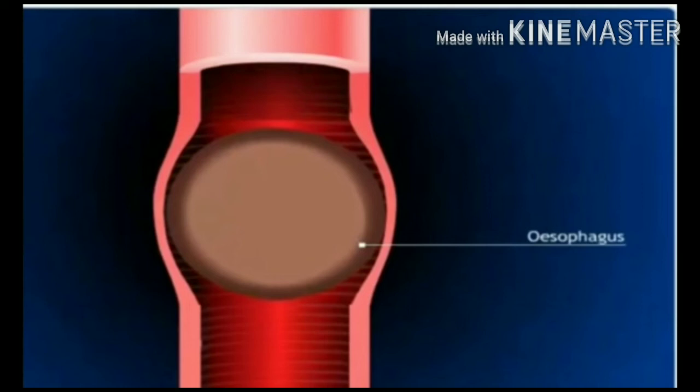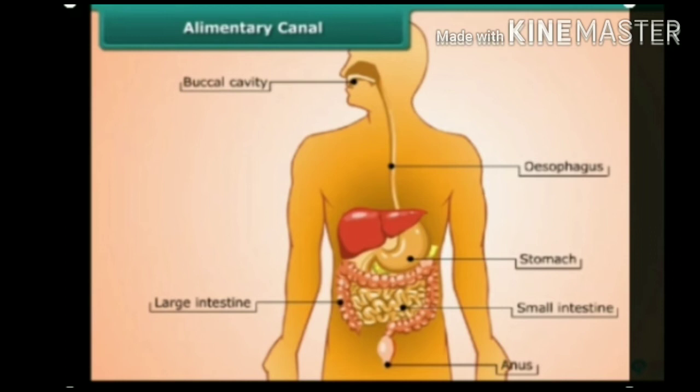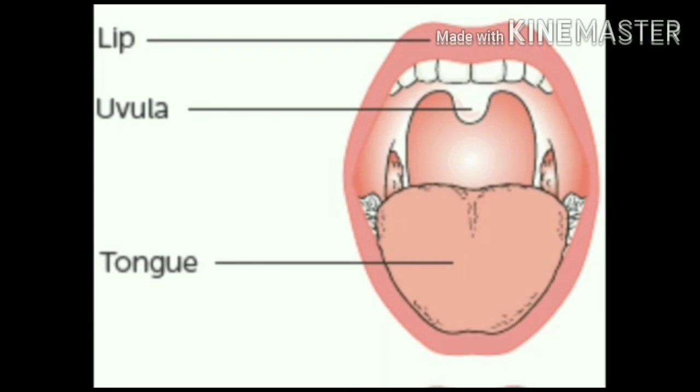When the food enters the esophagus, the muscles in the walls of the esophagus start alternate contraction and relaxation, producing a wave-like movement which pushes food towards the stomach. This rhythmic contraction and relaxation of the muscles is called peristalsis.